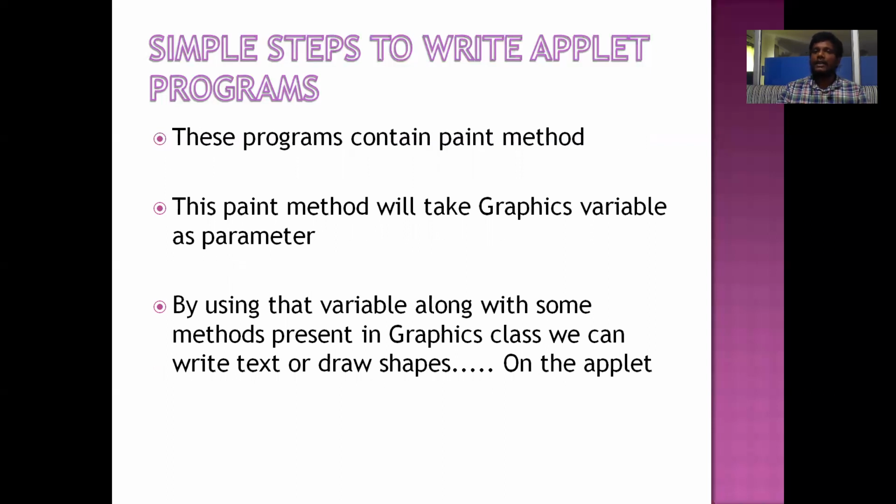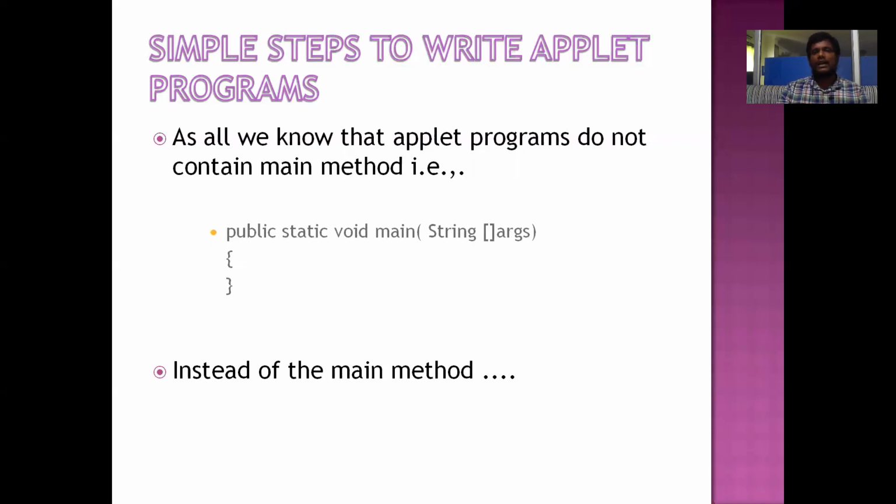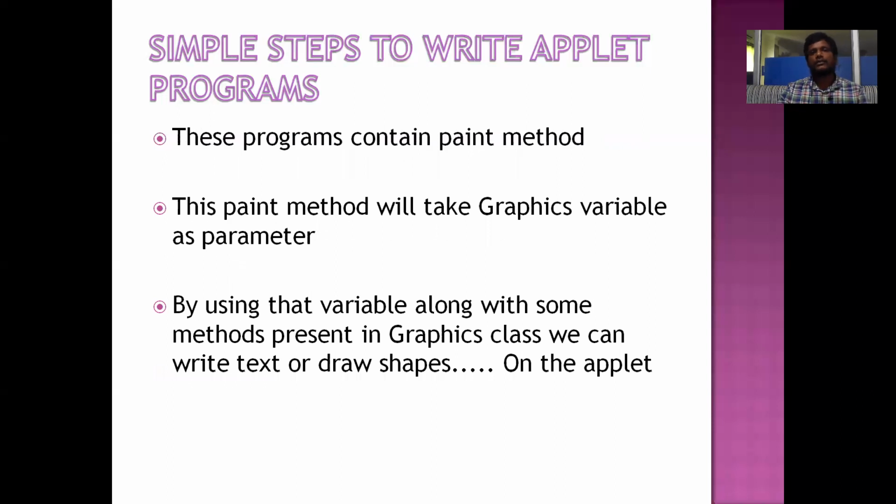Coming to the paint method, the main method in Java, public static void main string args, takes a parameter of a string class array variable. Similarly, the paint method takes a graphics class variable as a parameter.